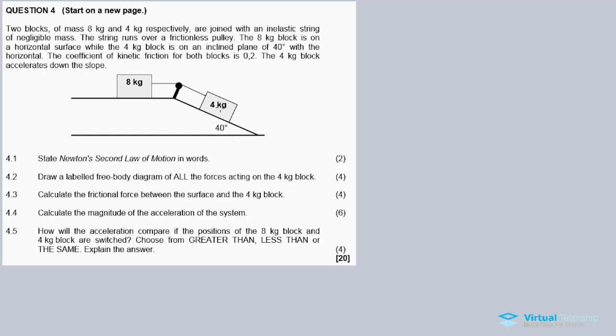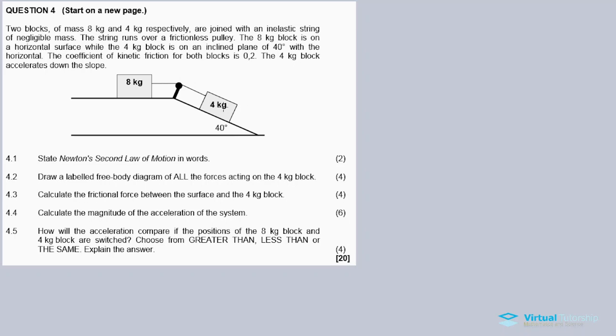For the 4 kilogram block and the inclined plane is 0.2. But the 4 kilogram block accelerates down the slope, right? So the 8 kilogram block moves to the right, since the system is moving down in terms of the 4 kilogram block.